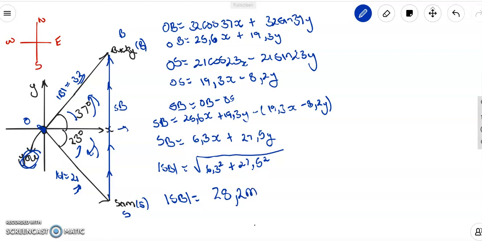Yeah, I may have made some arithmetic errors on the way, but this is the logic behind it. And the distance between Bucky's tent and Sam's tent is 28.2 meters. Yeah, that is far. They really love their privacy. The answer makes sense.